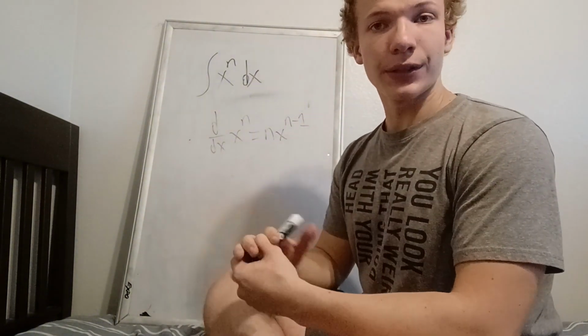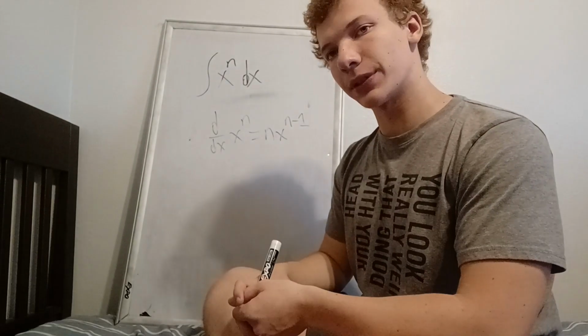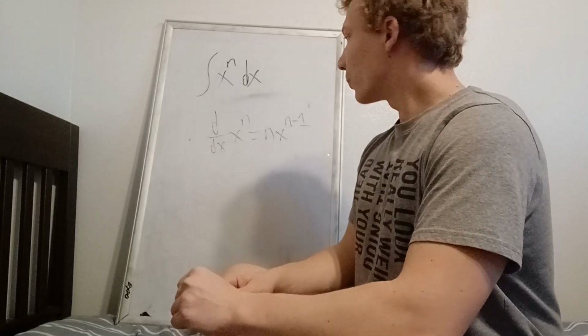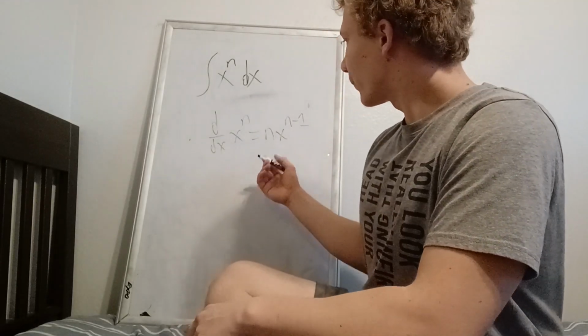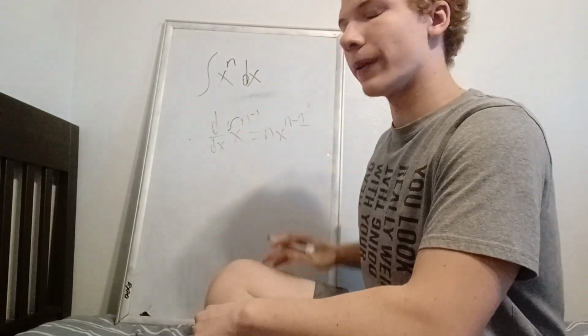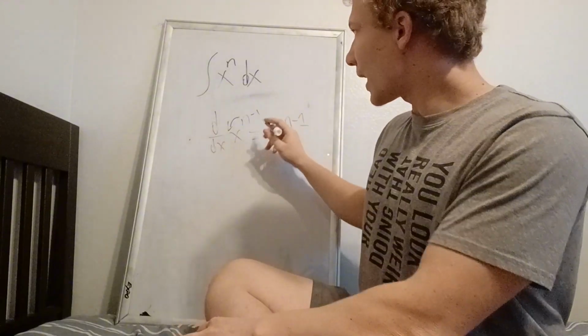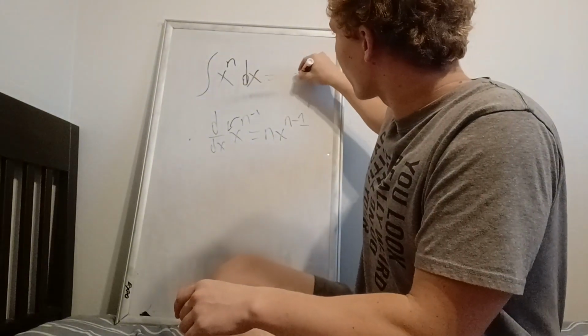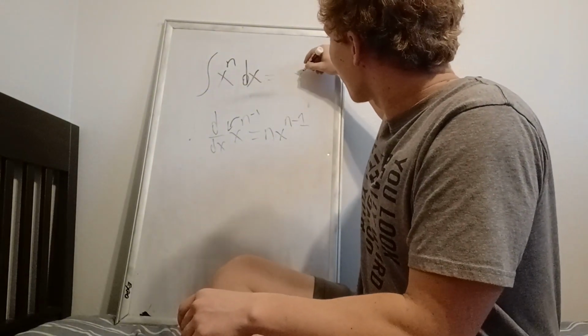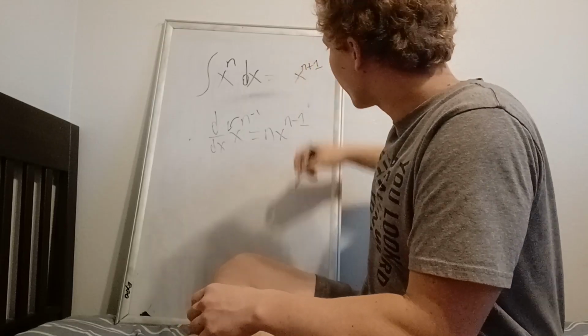Now, for integrals, we're going to have to do it the exact opposite way since it's the opposite function. What does that mean? Well, here we brought it to the front to multiply and then subtracted 1. So let's work backwards. The last thing we do is subtract 1. So the first thing we're going to have to do for this is actually add 1, n plus 1.